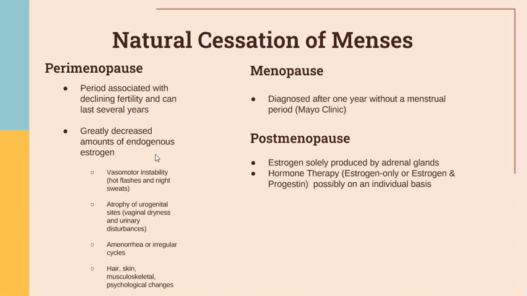So perimenopause is those years leading up when you might have irregular periods, you might have symptoms, you might not be ovulating every month. Menopause is when you don't have a menstrual cycle for 12 months. And then postmenopause, estrogen is solely produced by the adrenal glands. Hormone therapy is an option for some women. There's estrogen only or estrogen and progestin therapy, and that is decided on an individual basis with the woman's healthcare provider.